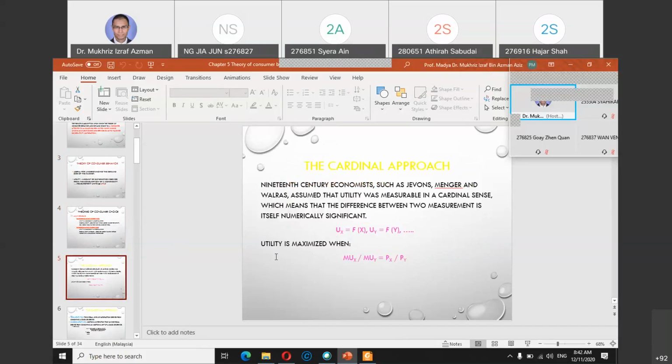We also looked at the formula whereby the consumer can maximize utility when the ratio of two marginal utilities is equal to the ratio of two prices.